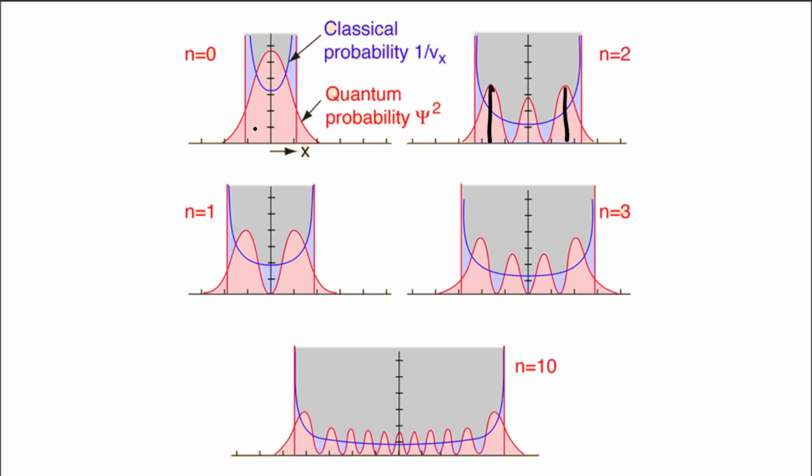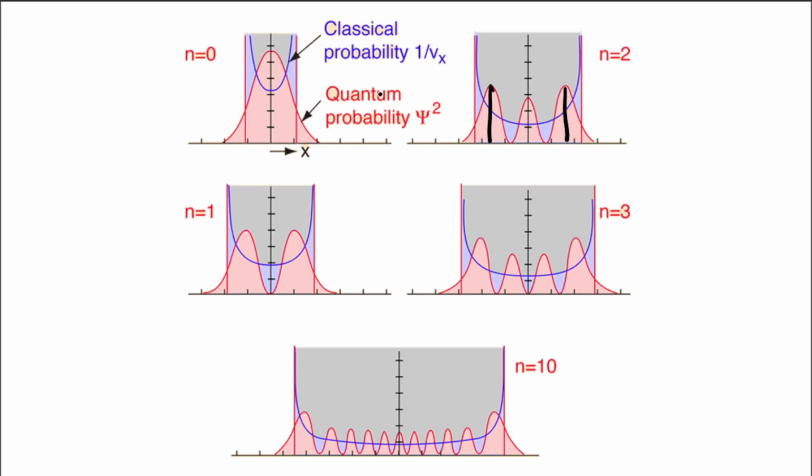For the ground state, the probability to see the particle is maximum at x equal to 0, the central position. But for all other states, the probability to see the particle is higher near the turning points.